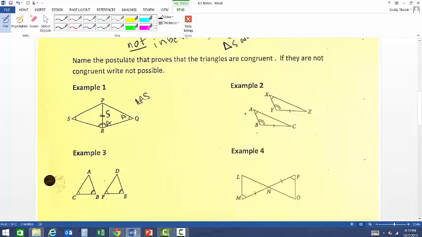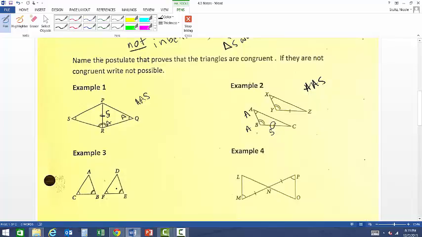The next picture is also angle, angle, side. Again, this tick mark is not in between. If it were, it'd be angle, side, angle, but it's not. So again, we write AAS.